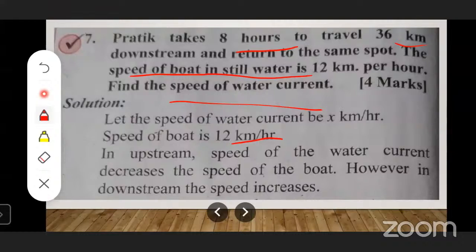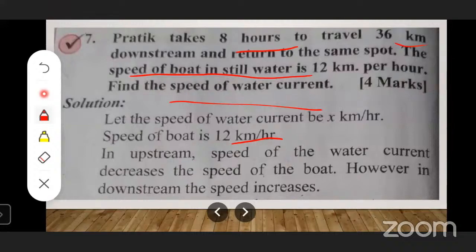The same law we have to apply here. While coming down in downstream, the speed of the boat will increase, right? But in upstream, when the boat is going against the water stream, obviously it is going against gravity, so the speed of the boat will decrease while going up.